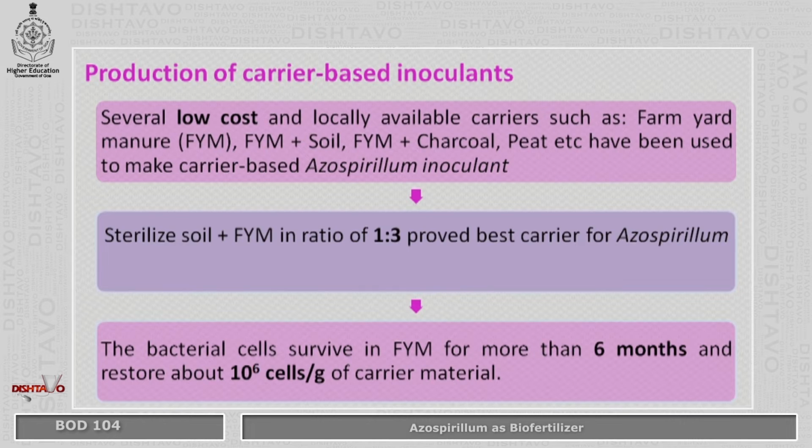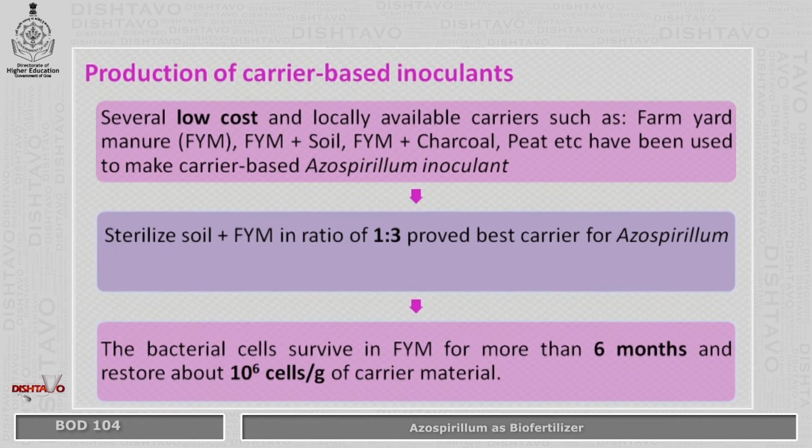These carriers can be used alone or in combination. It is proved that sterilized soil along with farmyard manure in the ratio of 1:3 proves the best carrier for Azospirillum. The bacterial cells survive in farmyard manure for more than 6 months and retain about 10^6 cells per gram of carrier material.